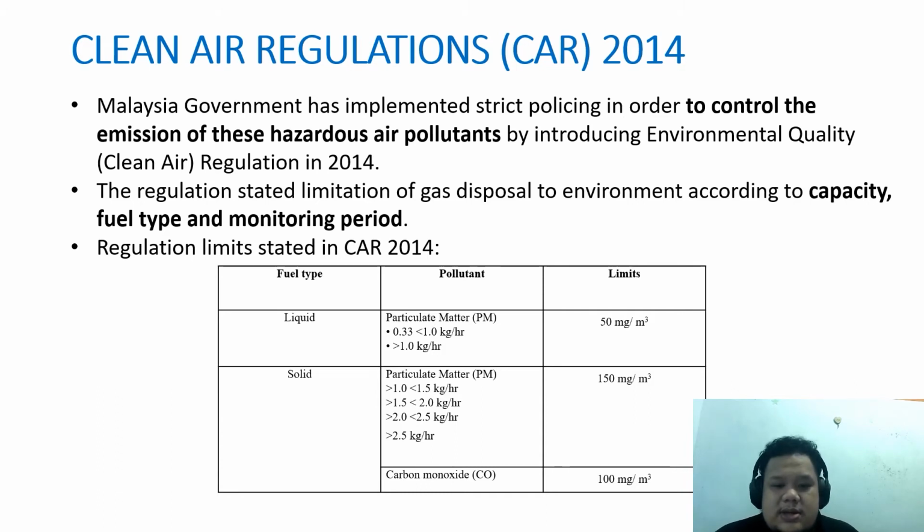As you can see on the screen, there are some regulation limits stated in the regulations. For instance, for any solid fuel type that releases carbon monoxide, it must be at maximum 100 milligram per meter cube.